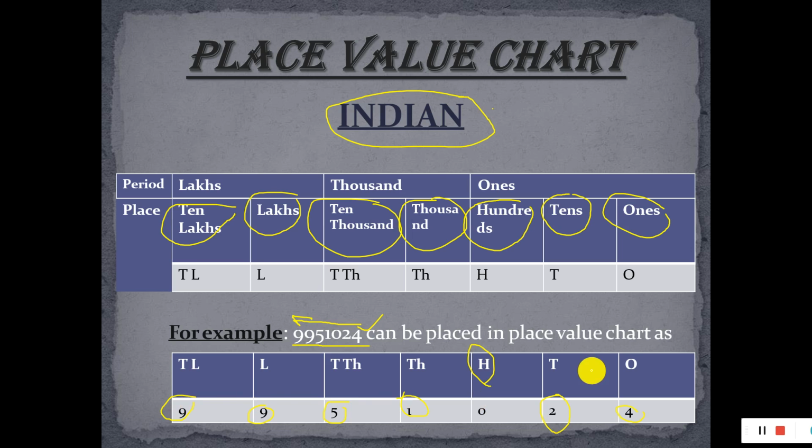So we count ones, tens, hundreds, thousands, 10,000s, lakhs, and 10 lakhs. So its number becomes 99 lakhs 51,024.